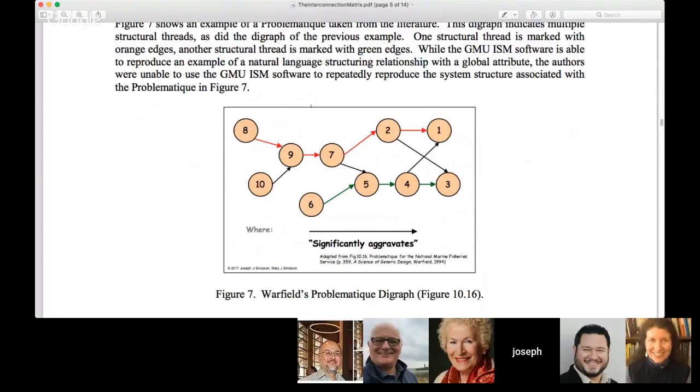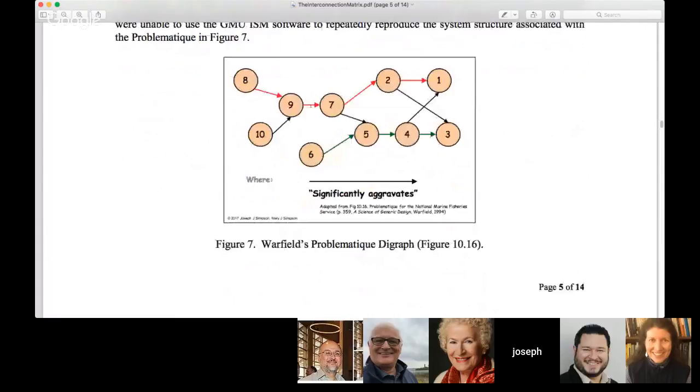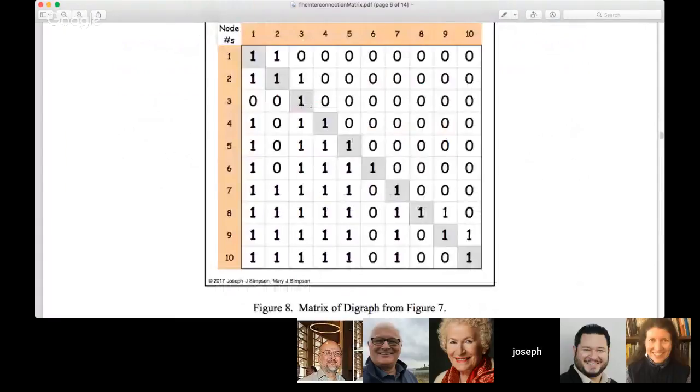When we look at this graphic, we look at the matrix of this diagram, and we see that we have some ones in the upper triangular here, but we don't appear to have any symmetric ones. We don't have any symmetric connections across here. Right?